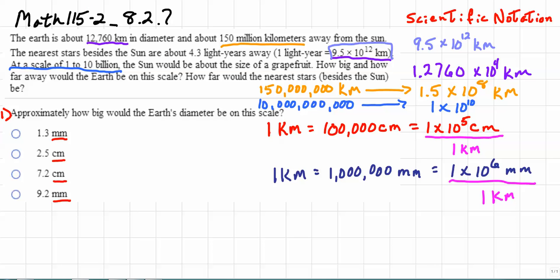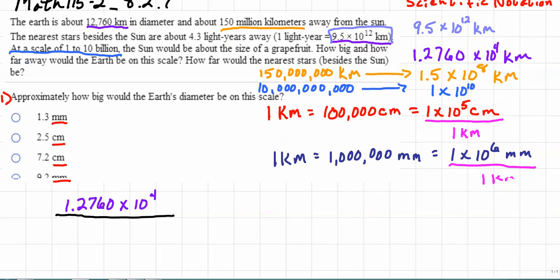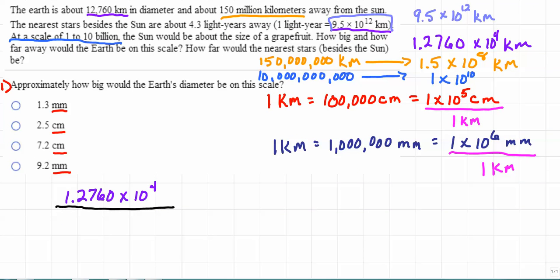So the first thing we do is take the Earth's diameter, which is 1.2760, and divide that by the scale of 1 to 10 billion. Since 10 billion is equal to 1 times 10 to the 10th, we put that right here.